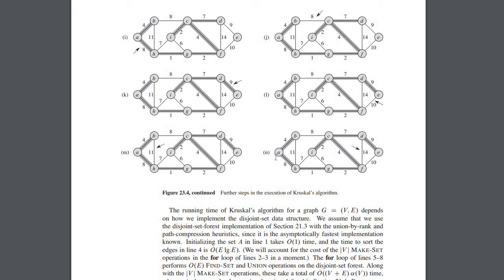So we can move from A to B or A to H, then H to G and G to F and F to C. From C we can move to I, or C we can move to D, and from D to E. So this completes the overall tree with the help of Kruskal's algorithm.